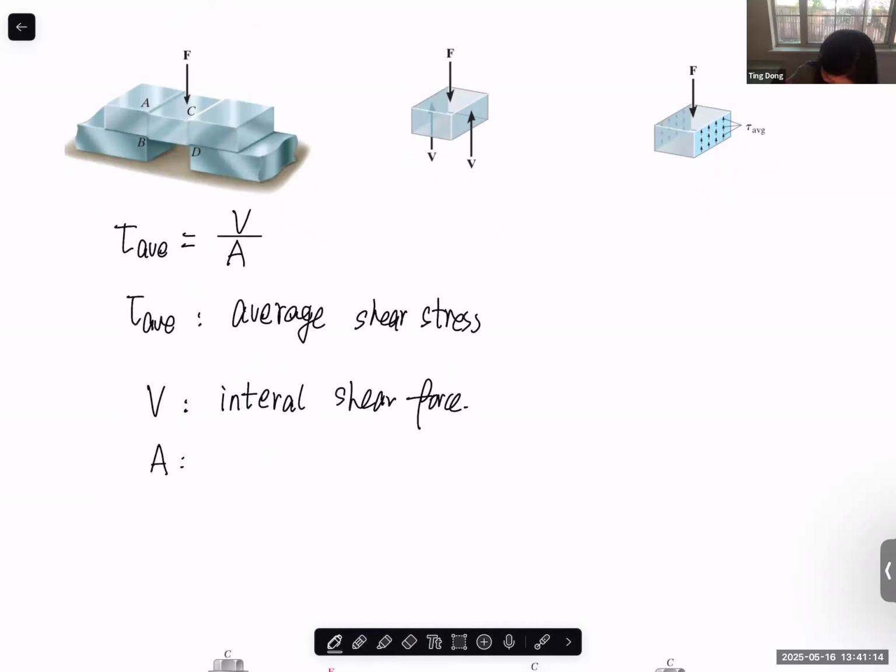A is the cross-section area of this structure, but we also need to be clear that this cross-section area is parallel to the force applied.